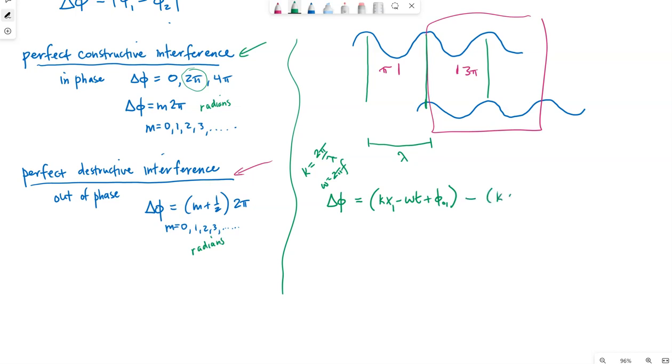So our difference in phase is we're subtracting the difference between these two phases of the two waves. Since k is the same, omega and t are the same, so those will subtract out.